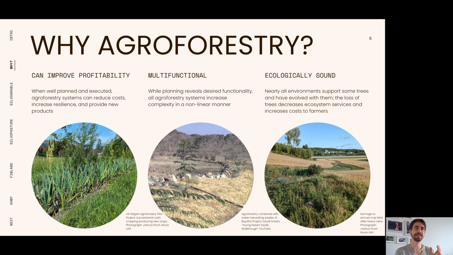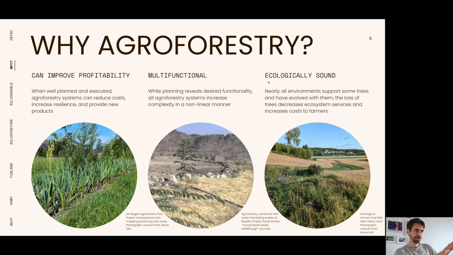We could redesign that part of the farm that is erosion prone and put in trees that produce products for us that aren't going to get washed away, that might actually be able to slow down that water and use that water in a different way. So agroforestry can improve our profitability. It's multifunctional inherently, and also is an ecologically sound set of practices to select from for our area.